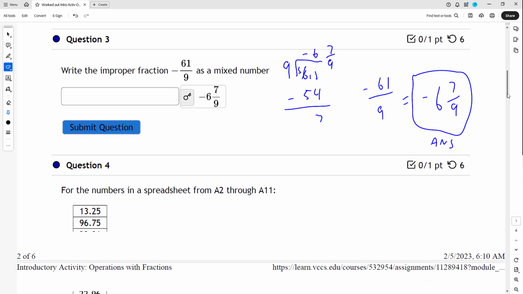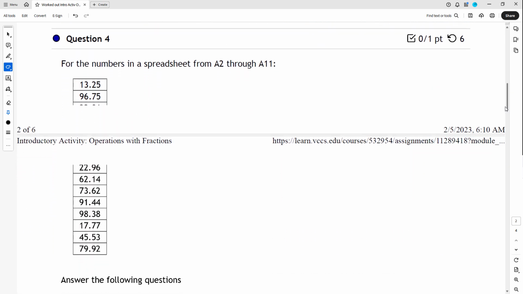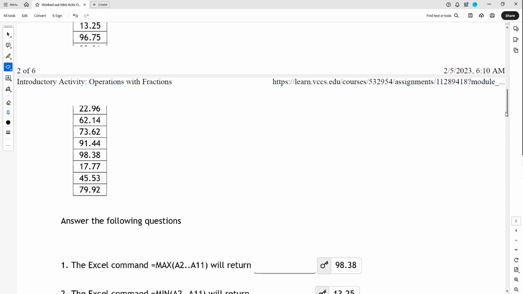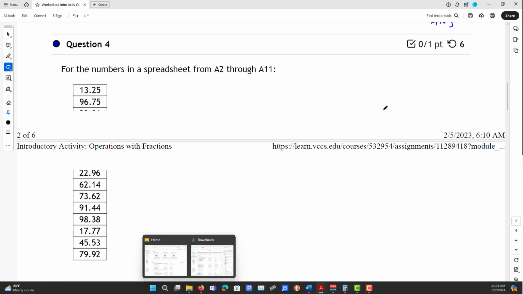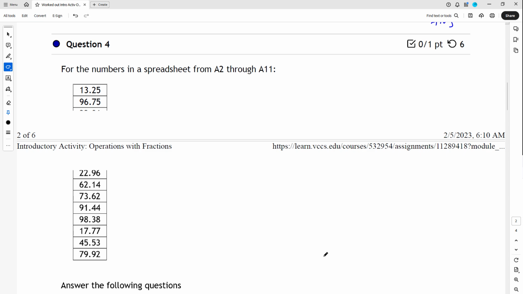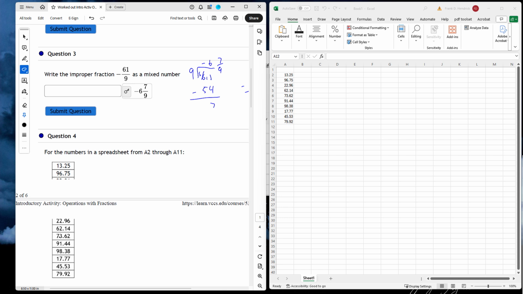Okay. Now for this one here, we have to use some Excel to get it done. Okay, for this one here in question 4, we're going to need to add.